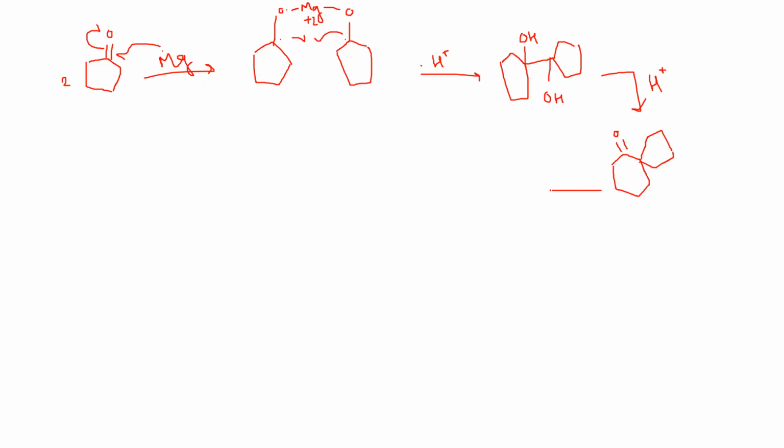Now if you add LDA, then this proton will be eliminated and form an enolate, followed by benzyl bromide. This will be incorporated at the alpha position.